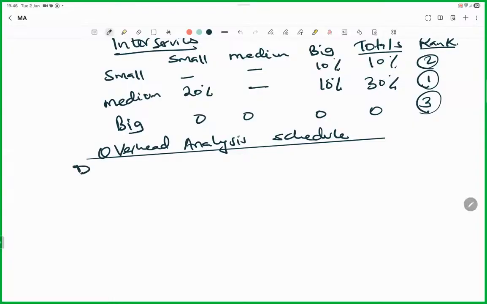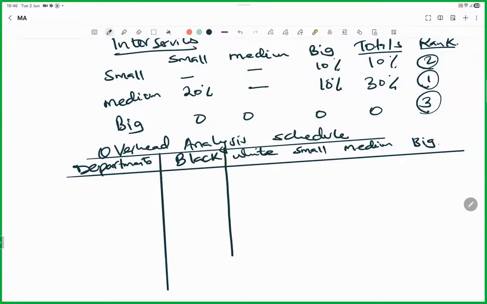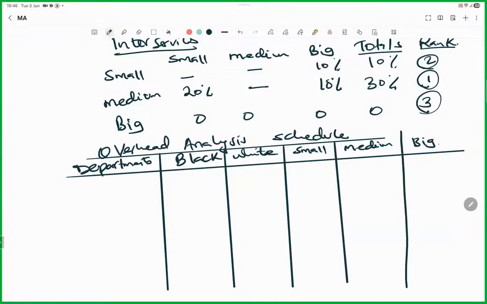So departments, we have black, white, then small, medium, and big. So please draw that, and once you draw it, please give me a thumbs up.